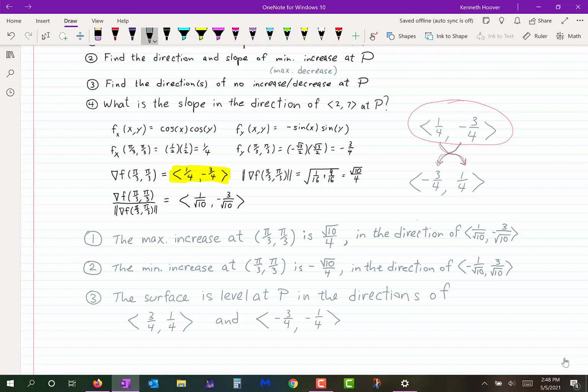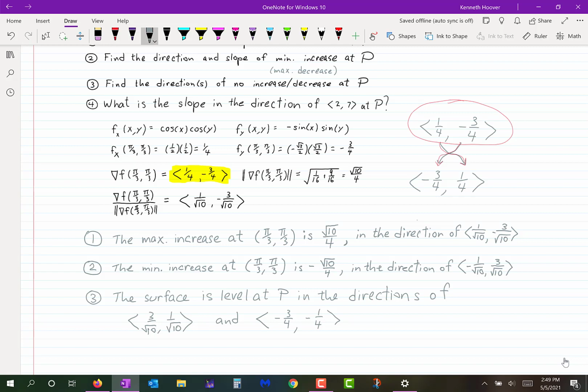But those aren't unit vectors, so let's go ahead and rescale them so that they are unit vectors. I already know the magnitude of those vectors is root 10 over 4, so I'm going to divide those numbers by root 10 over 4, and I'm going to end up with 3 over root 10, 1 over root 10.